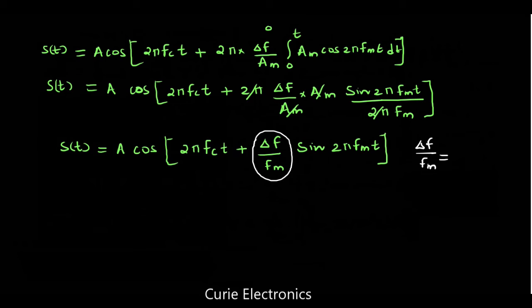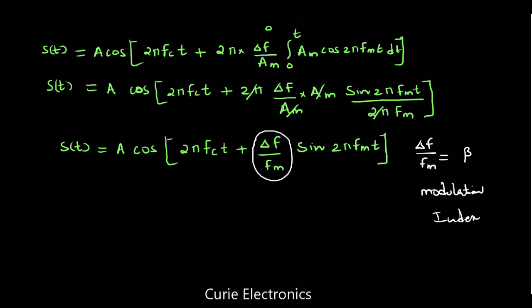In this lecture, we are only concentrating on the derivation of the equation. Delta f upon f_m is known as beta, or the modulation index.